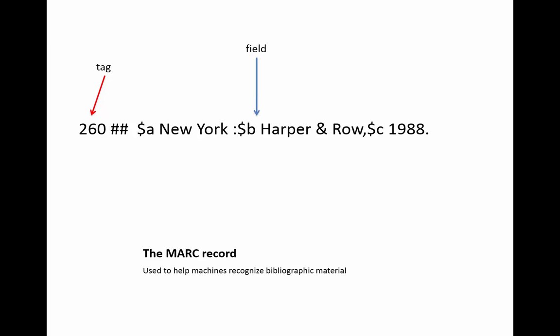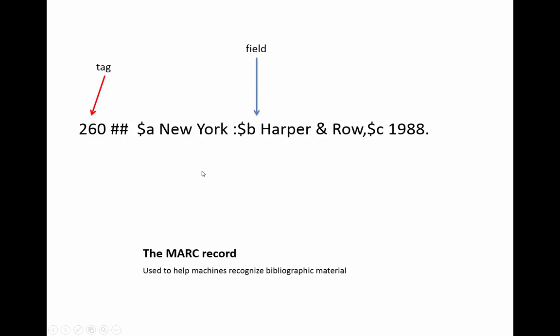If you go back and look at the previous slide, the other numbers each stand for either a specific subject, titles, ISBN numbers. So when the computer sees specific numbers, it knows that what follows this number is going to be specifically related to something particular. In this case, publication information.